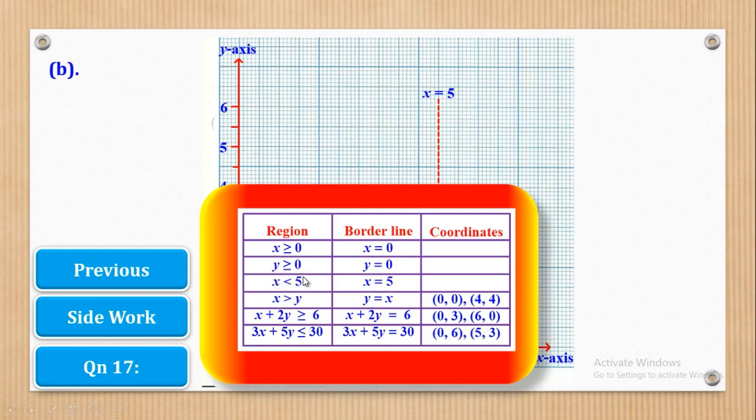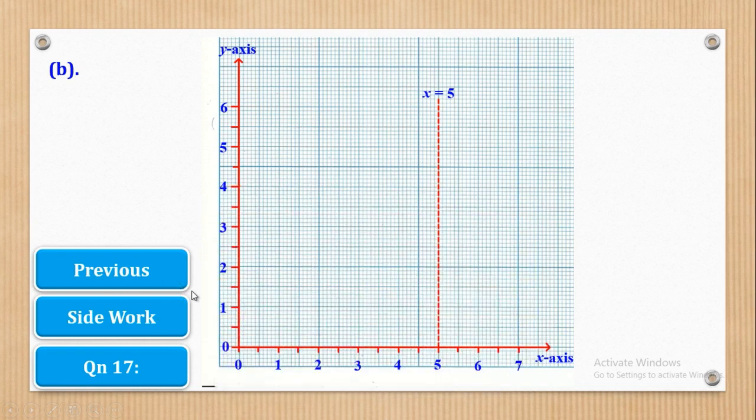So this inequality is x less than 5, meaning this borderline will be a dotted line. Next, we are going to draw y equal to x, and you see this inequality is greater than, so this line will also be dotted. So let's draw that line. I think you can see it is also dotted.